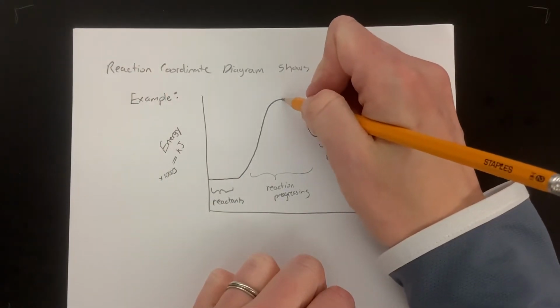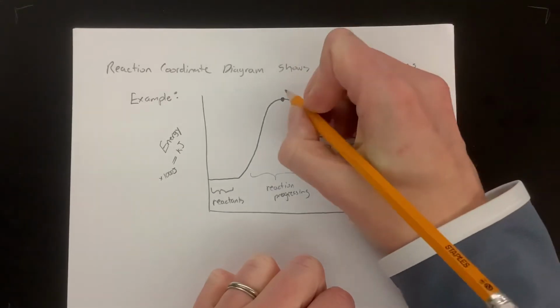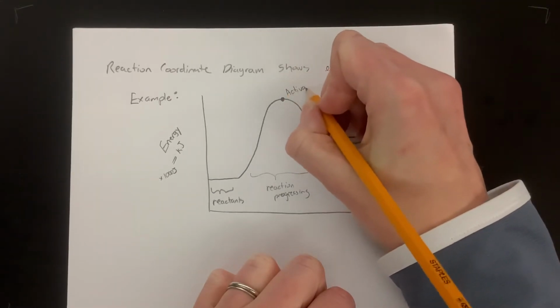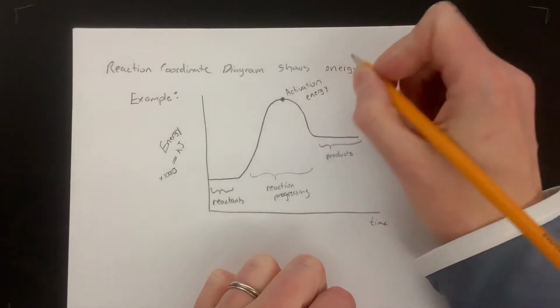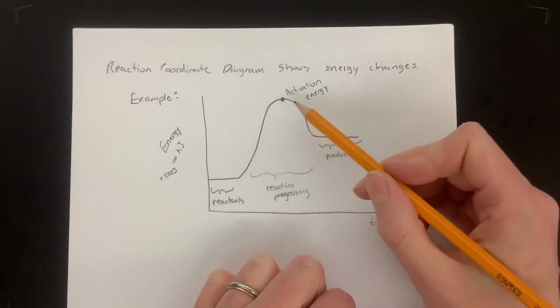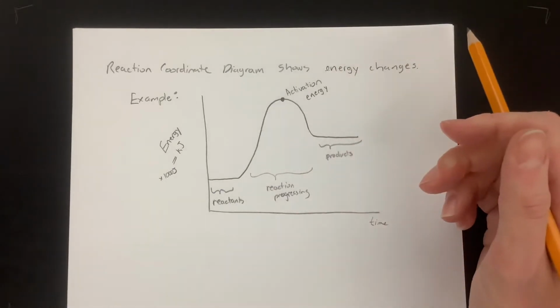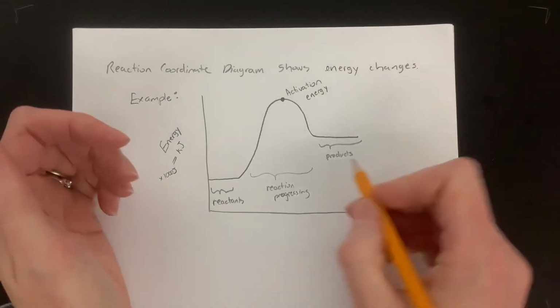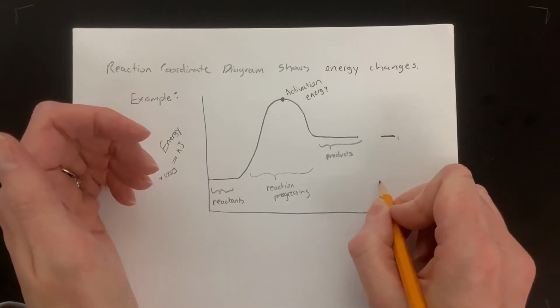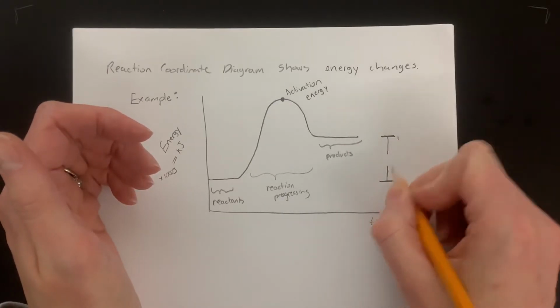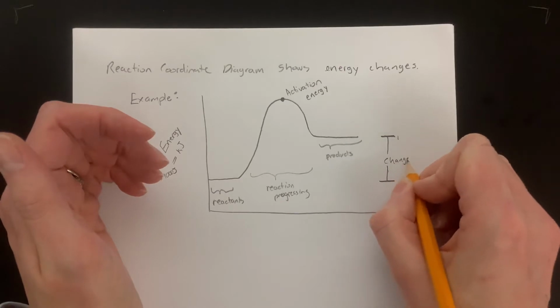This highest amount of energy that you have right here is called the activation energy. In order for a chemical reaction to take place, we have to reach this activation energy here. And then the difference between the products and the reactants is going to be the change in energy.